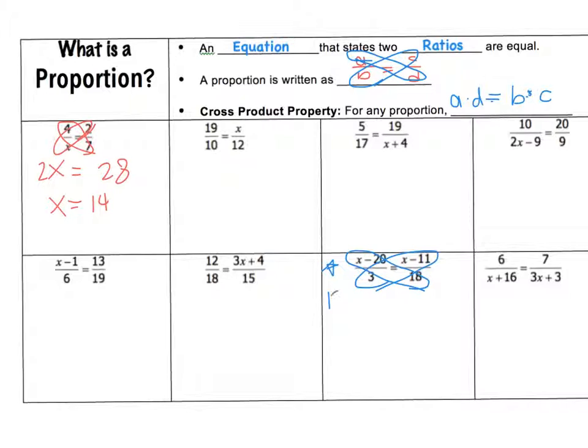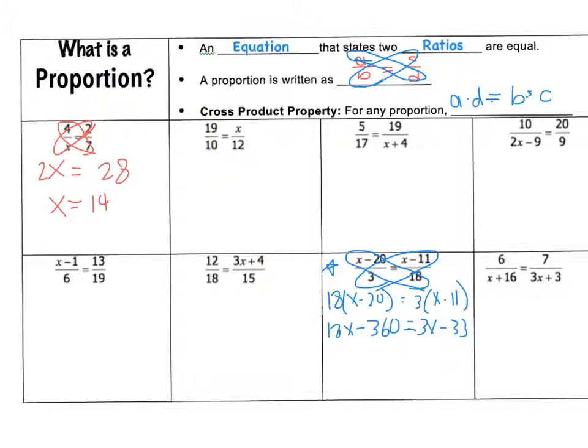So we have 18 times x minus 20, and it's going to be equal to 3 times, parentheses, x minus 11. So 18 times x is 18x, minus 20 times 18 is 360. That equals 3 times x, which is 3x, minus 3 times 11, which is 33.